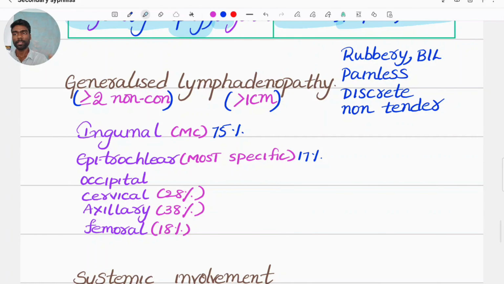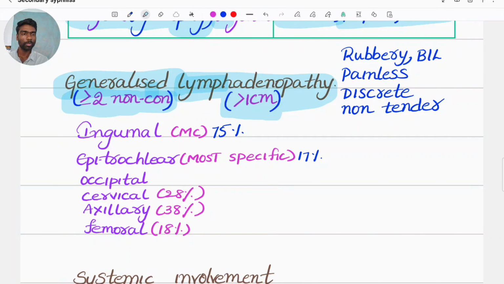Next, generalized lymphadenopathy. What is the average size of a lymph node? 1 centimeter. Here lymphadenopathy means an enlarged lymph node of more than 1 centimeter. What is generalized? If two or more groups of non-contiguous lymph nodes are enlarged, it is called generalized lymphadenopathy.